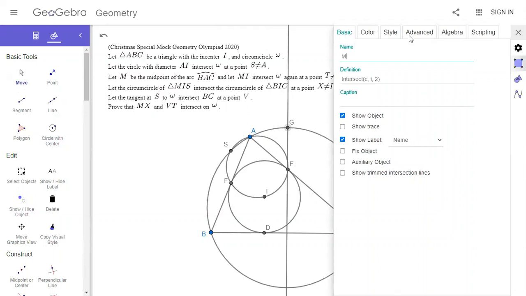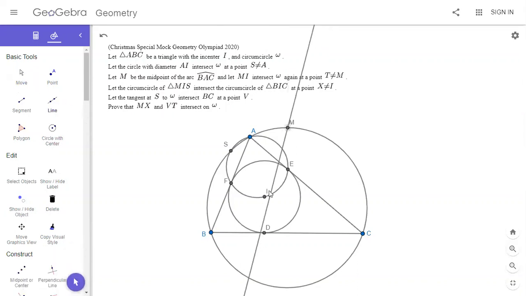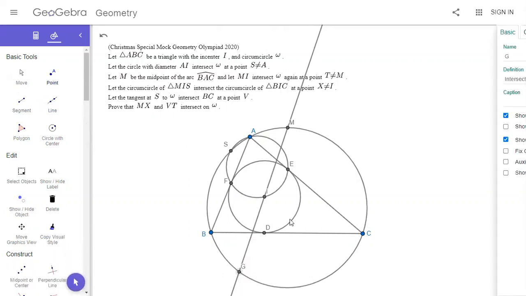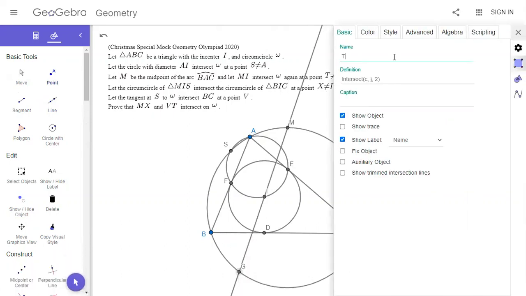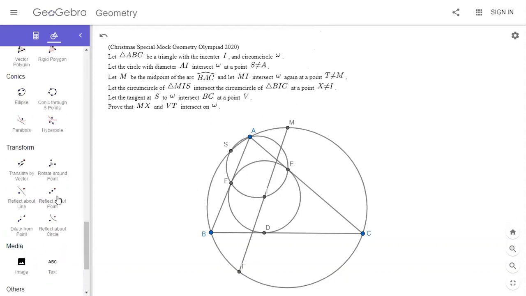This is M. MI intersects the circle at T. Oops. The circumcircle of MIS. It's a lot of circles.